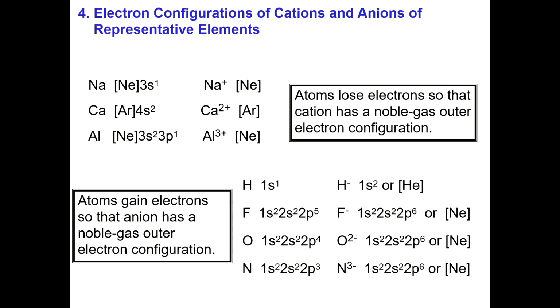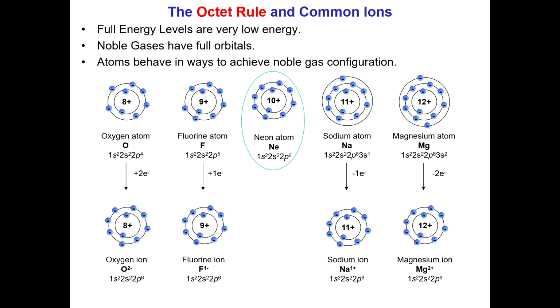Now we can use this way to write the ions. When you say oxygen 2 negative, you put the negative when it gains electrons. One electron is one negative charge.